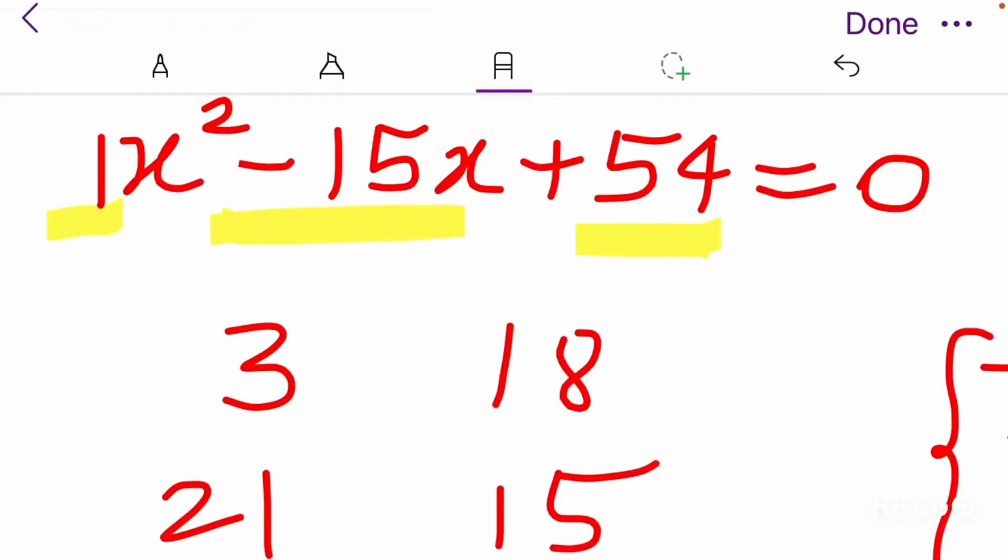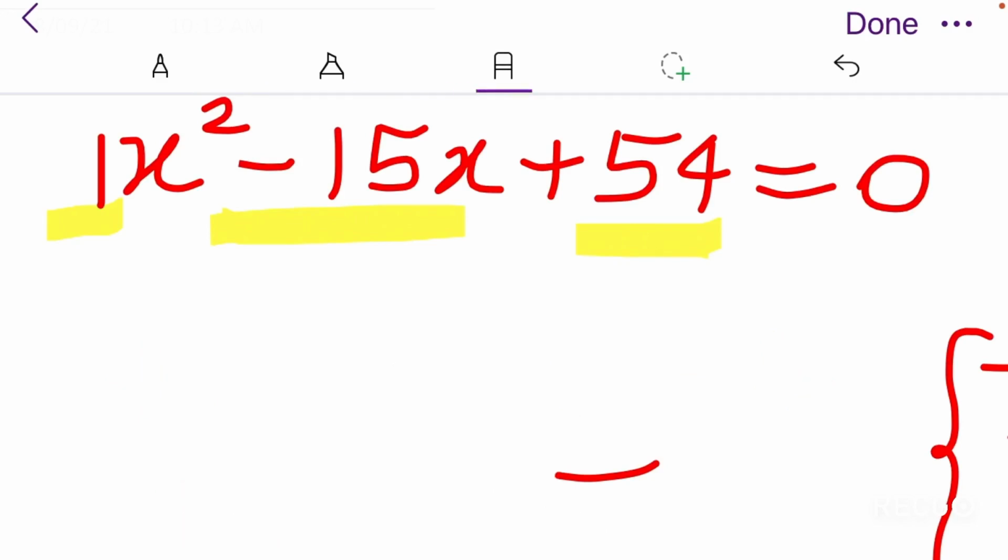Since we want minus, we will give the minus sign to the greater number and the positive sign to the smaller number. So 3 minus 18, we will get minus 15. So we got our factors, so let us solve. I will write it over here in small, 3 and minus 18.